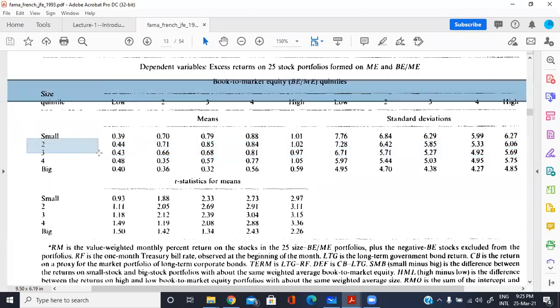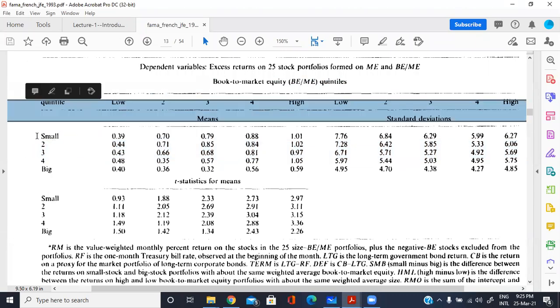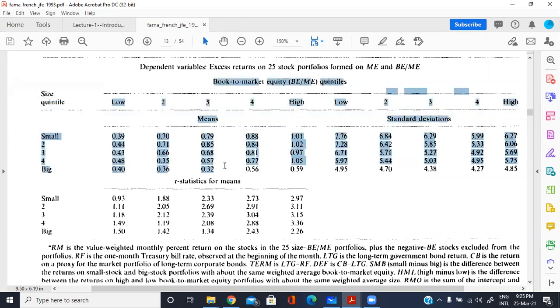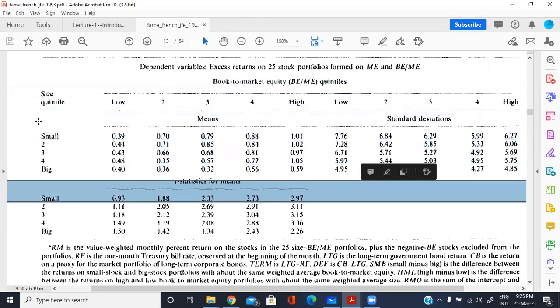Small cap companies, sir. Okay. And what about the big companies? Big companies are generating lower return. Lower return.